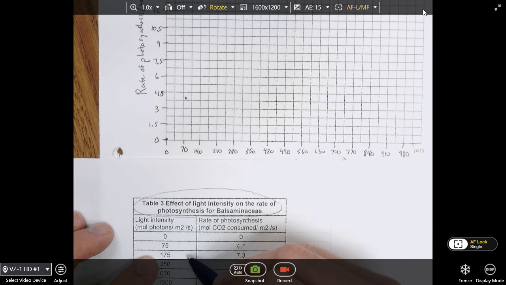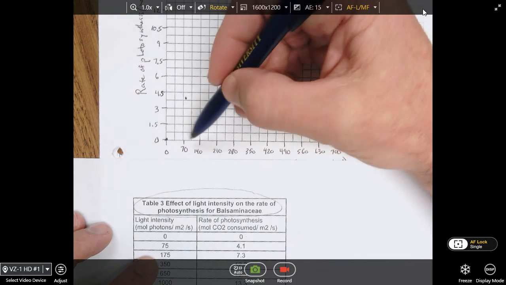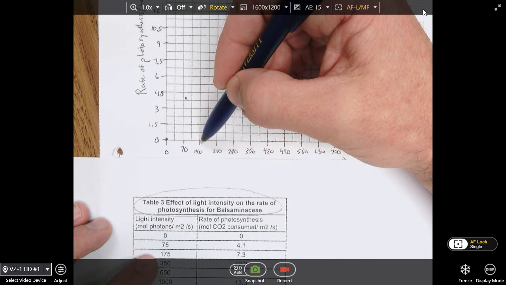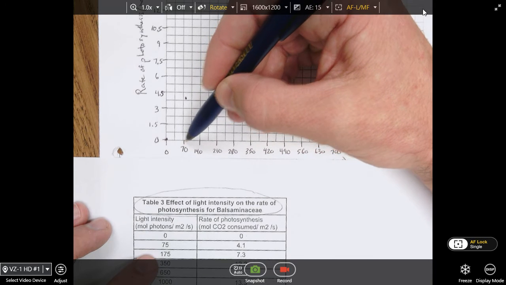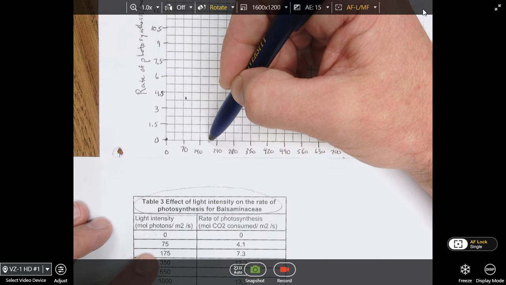So the next one I'm going 175 and up to 7.3. So again, I went up 35 here for all of these. If I'm going up 35 and 35 made me to 70, if I go up 35 from here, it's actually 175, which is what I'm looking for.